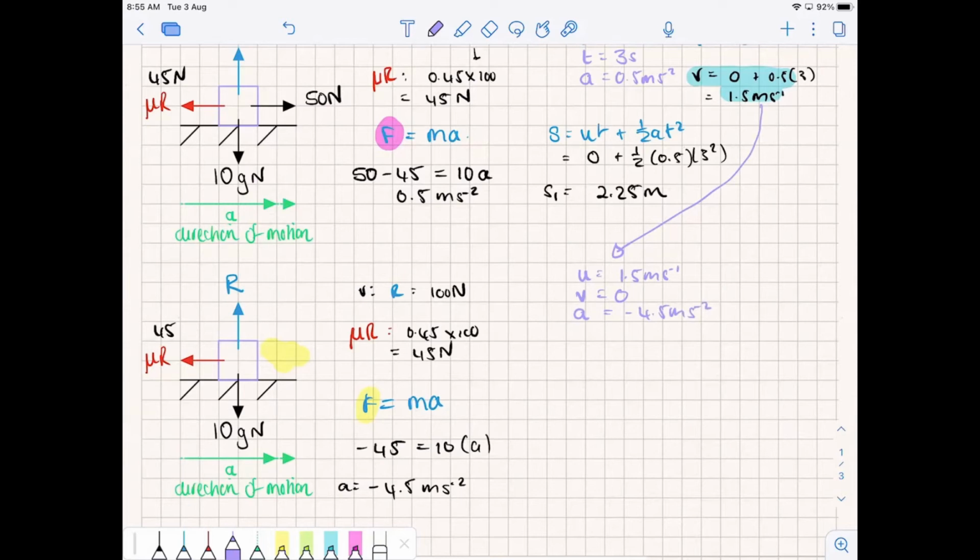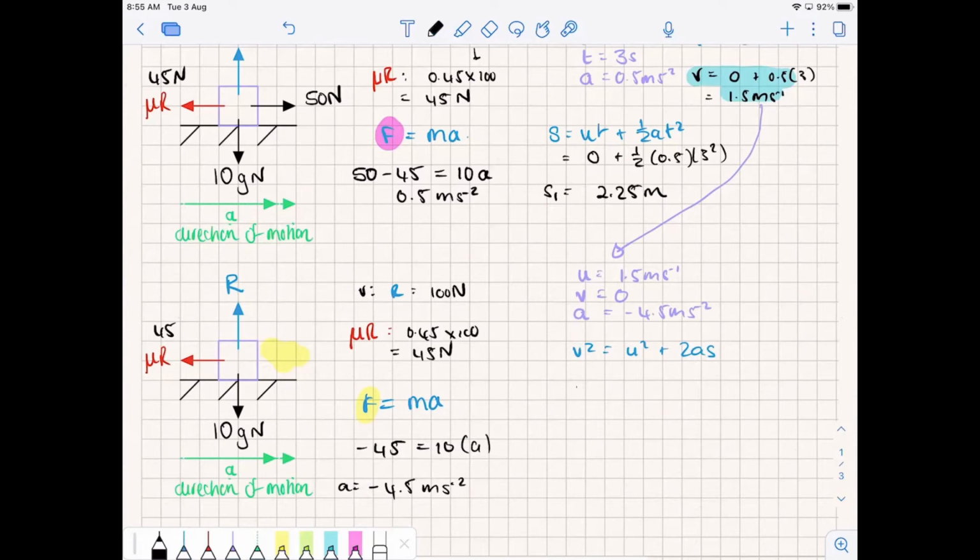So when we have these two-stage problems, remember the final velocity from stage 1 is the initial velocity from stage 2, because they are flowing one after each other. In order to calculate the displacement in one go, we'll use this formula, because it uses all the information that we have.